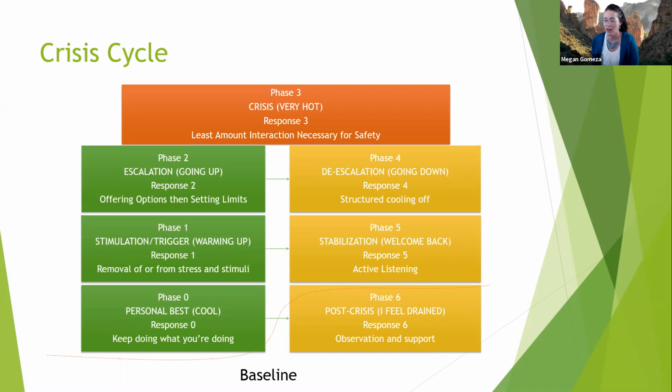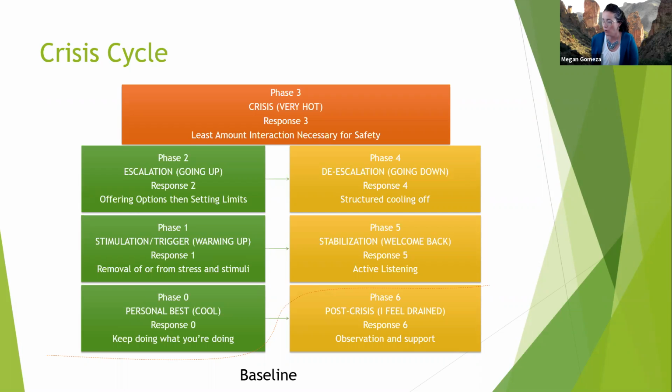So we're at our personal best. A stimulus or a trigger warms our client up, and we remove them from the stress and stimuli, but that doesn't mean that we go up to offering options and setting limits. If we were effective at removing them from the stress or stimuli, we should move across the crisis cycle and go into the stabilization phase, where we actively listen. So we might say something like, you seem more comfortable in this office.